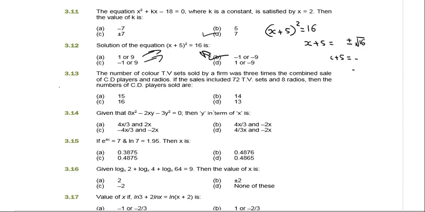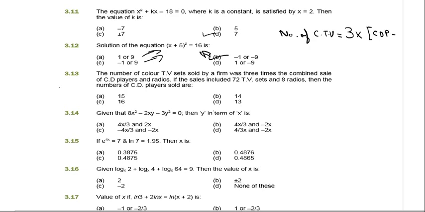3.13 says that the number of color TV sets sold by a firm was three times the combined, meaning total, sale of CD players and radios.